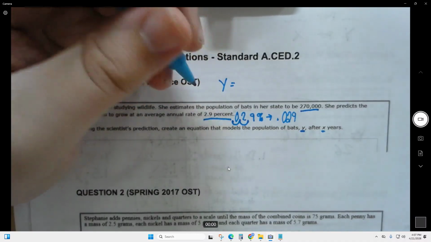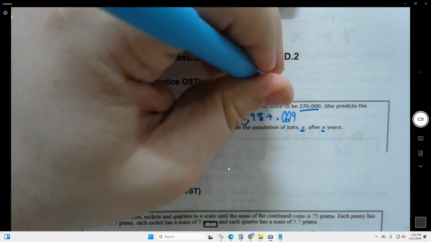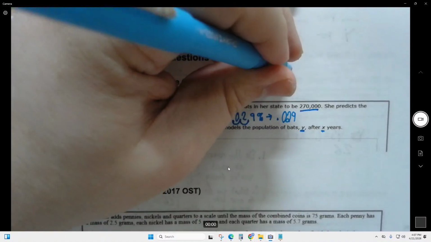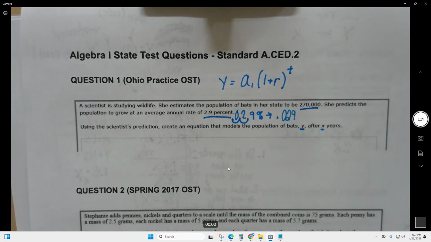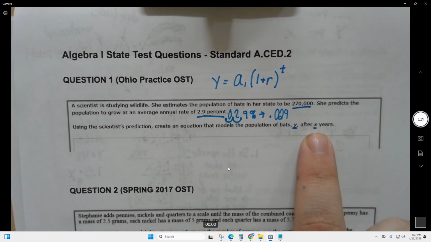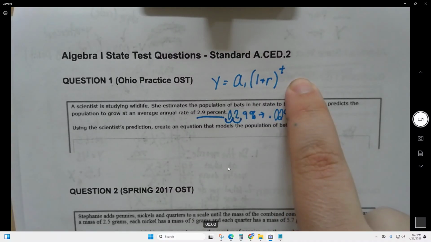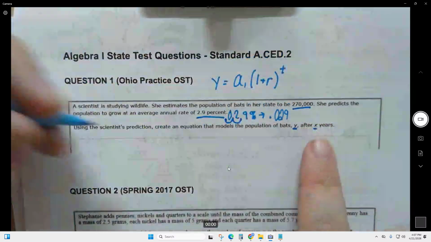formula for exponential growth, which is what this is, typically you're looking at your initial value, y equals a1 times (1 plus r) to the t, where t represents time. But here they tell you that you're going after x years, which means you cannot use t. You must use x.